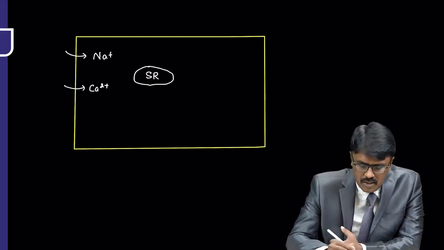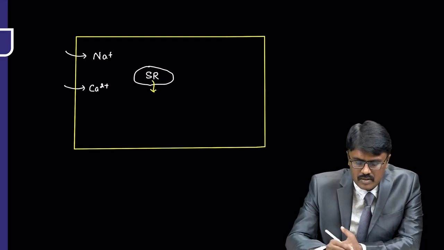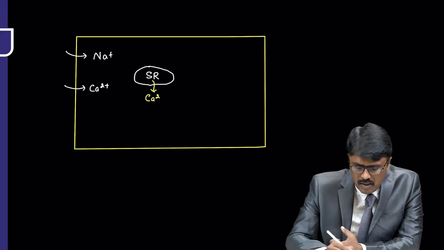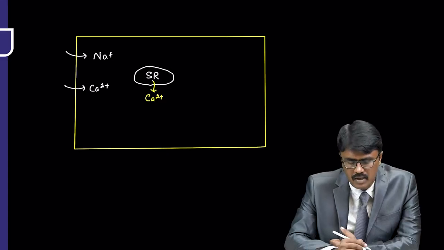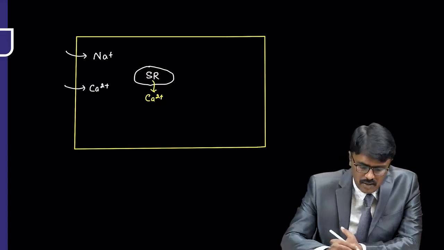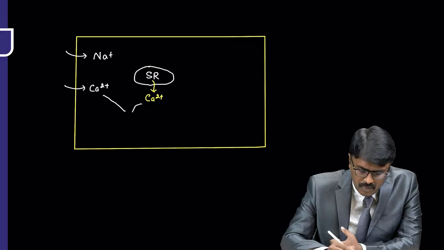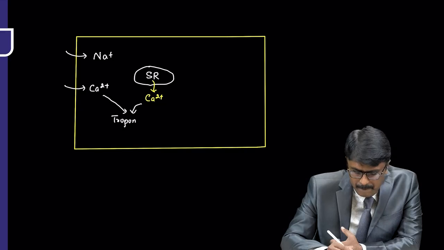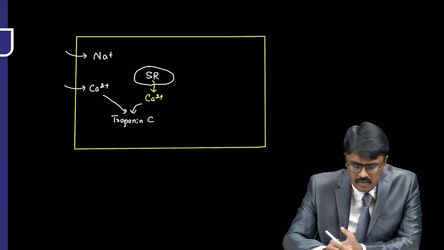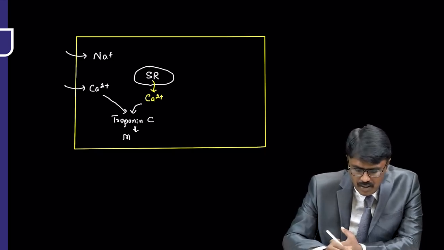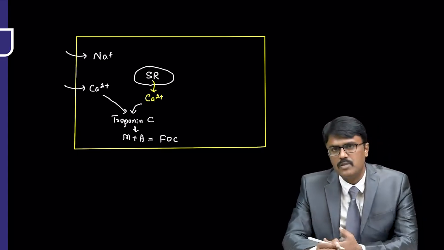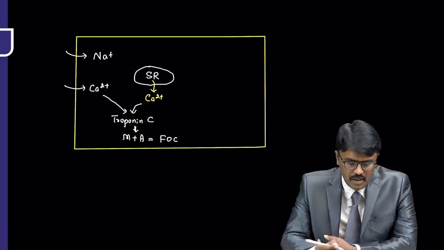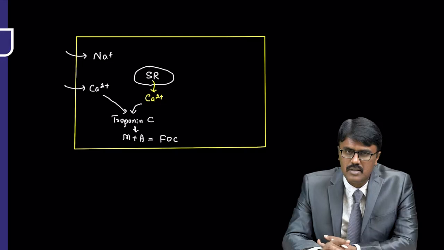So this calcium and the calcium coming from the sarcoplasmic reticulum combine with troponin C, and that helps in the combining of myosin and actin, and there is muscle contraction, that is the force of contraction.